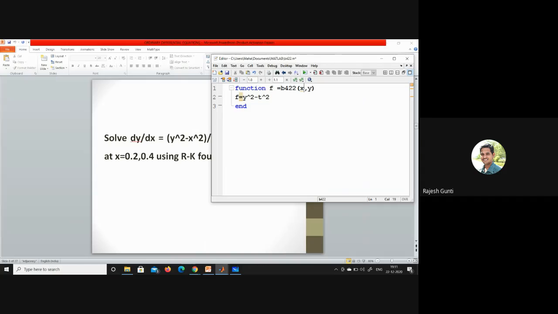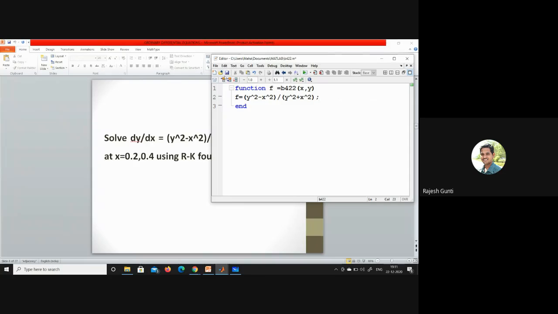First we have to mention the independent variable, next the dependent variable. Here x, then (y² − x²) by (y² + x²) is my differential equation.